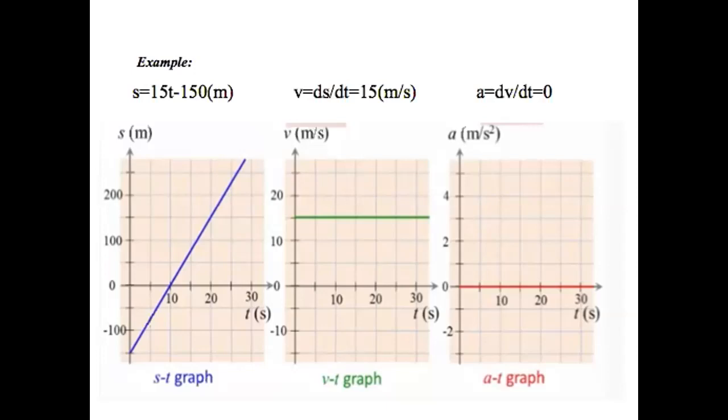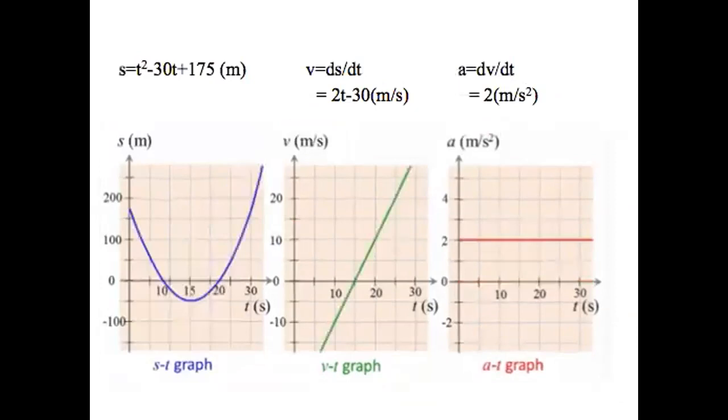We can do the differentiation and find out velocity is equal to ds over dt, a constant 15 meters per second. Acceleration is equal to dv over dt. It's showing the acceleration during this time is constant and the value is 0. You can see it in the graph also.